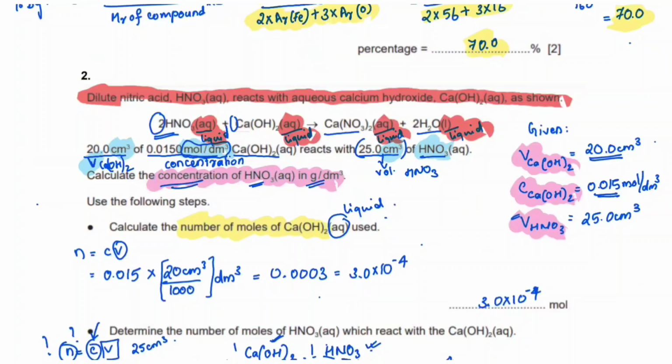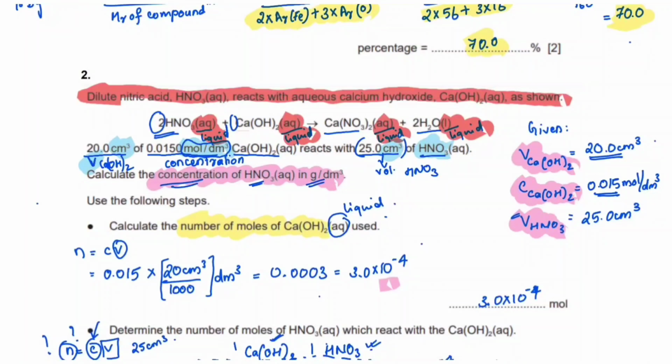Centimeter cube should be converted into decimeter cube. Always volume should be in decimeter cube in the equation n is equal to C into V. So we convert volume into decimeter cube by dividing it by 1000. When we do that, we get 0.0003, which is nothing but 3 into 10 raised to minus 4. So the number of moles of calcium hydroxide present is 3 into 10 raised to minus 4.